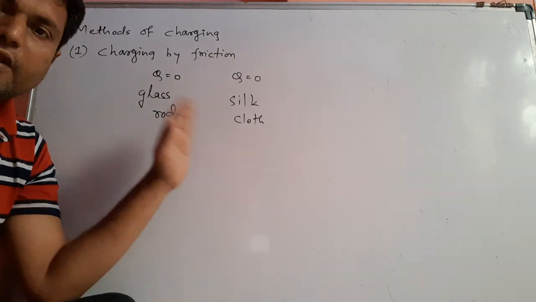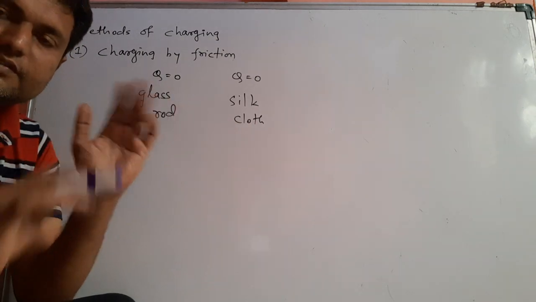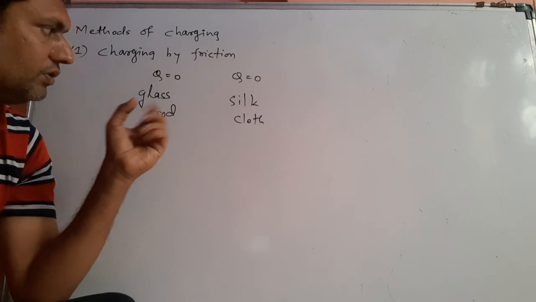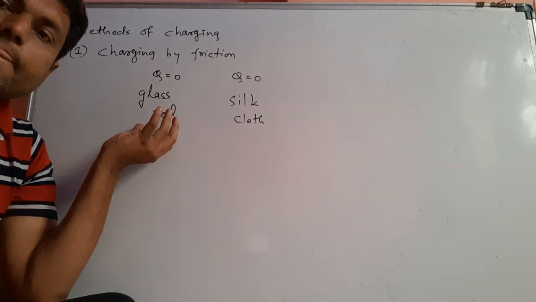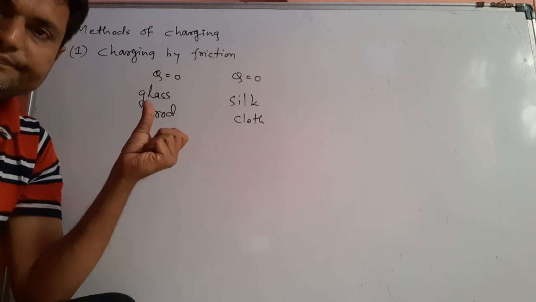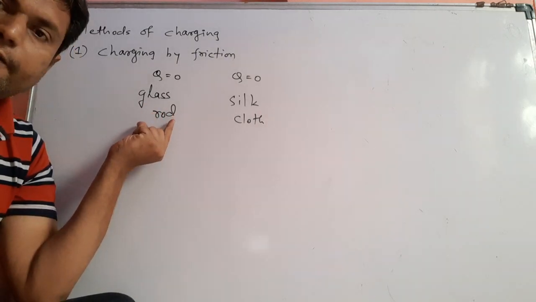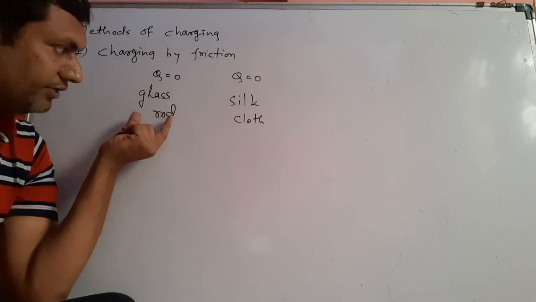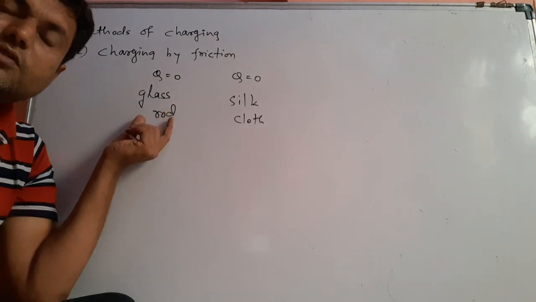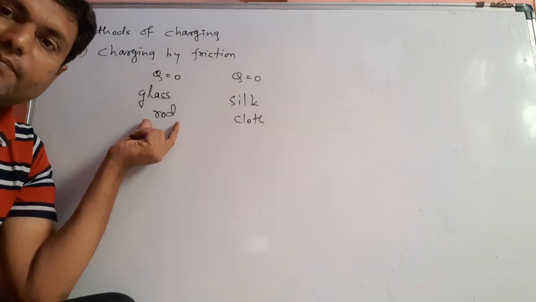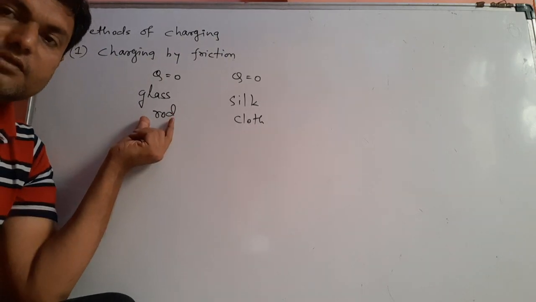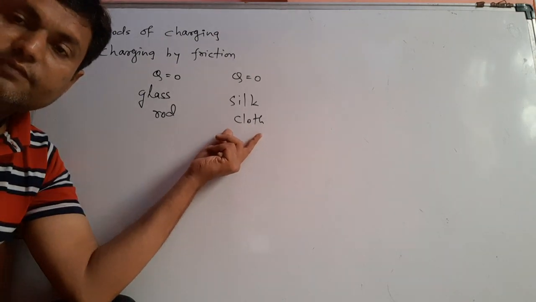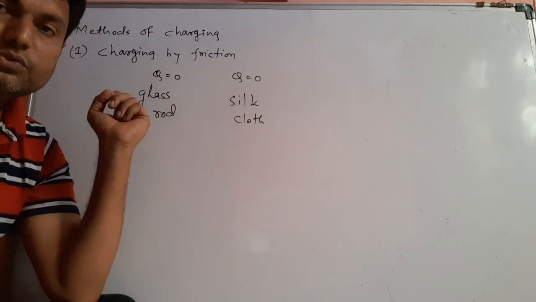If we rub these two bodies with each other, the glass rod with the silk cloth, the glass rod loses electrons. Ready? Glass rod loses the electrons. Why? Because the valence or outermost electrons of the glass rod are comparatively loosely bound to the nucleus compared with the electrons of the silk cloth.